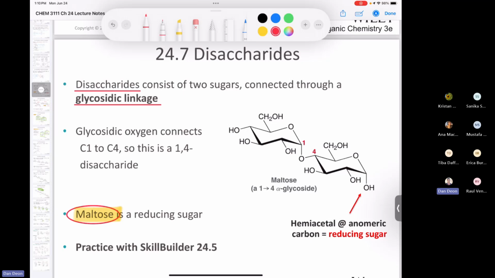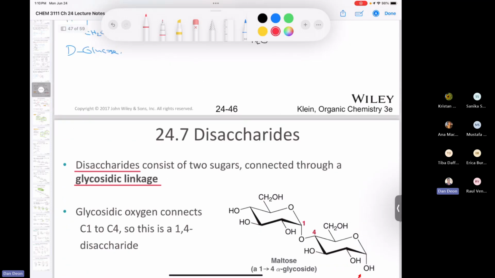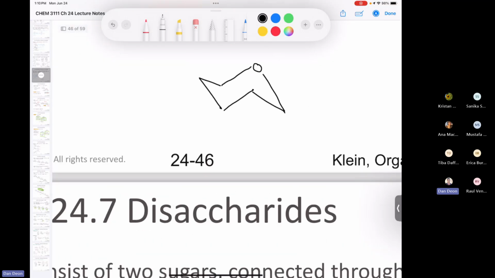Now, everybody knows what glucose is by now because we've talked about glucose this and glucose that. And one of the main take-home messages I think from last class was, if you try to draw the chair of any of the monosaccharides, I said they always had this in common. So if we just zoom in here, this part that I have drawn right now doesn't change for any glycoside.